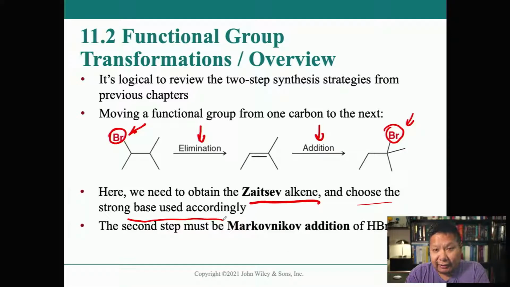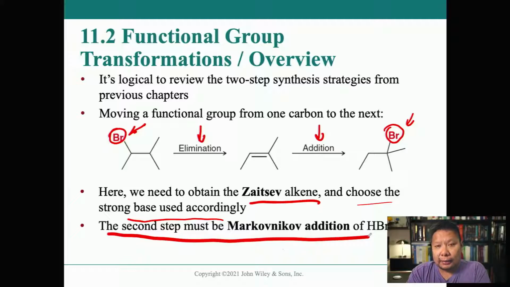If you want a Zaitsev product, remember Zaitsev products come from slender bases, and Hofmann products come from bulky bases. So you want a strong, slender base, something like sodium methoxide, or ethoxide, something slender, and not something like tert-butoxide. And then the second step must be a Markovnikov addition of HBr. So that's an easy two-step synthesis to move a bromine from that carbon to this carbon.